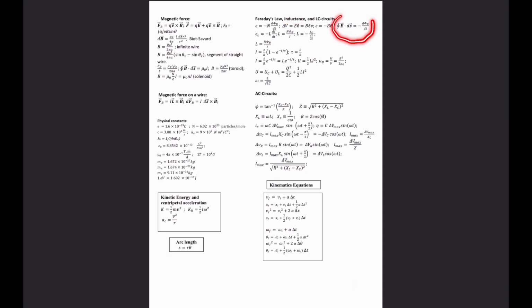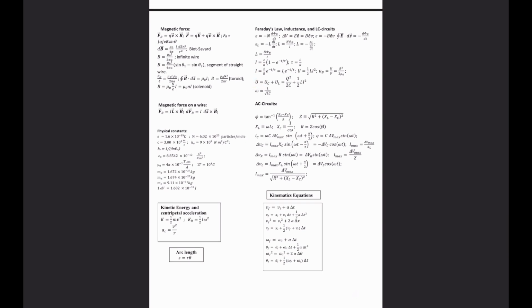You have this law over here, pretty interesting, and some equations for current. And then you have U over here, which is potential energy, and here they break down potential energy due to a capacitor C and an inductor L. And you have this equation here, and then you have omega equals 1 over square root LC. Omega is angular frequency. Cool.